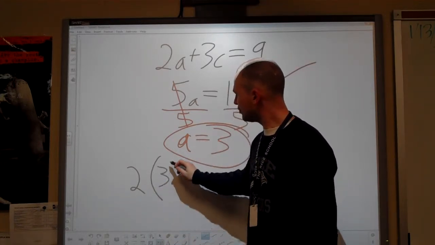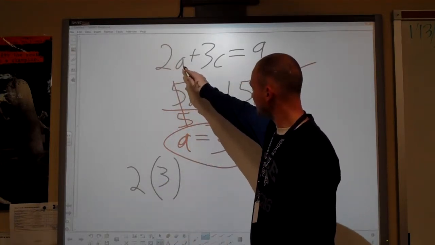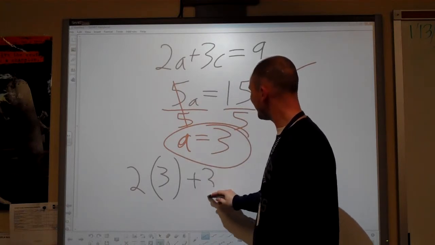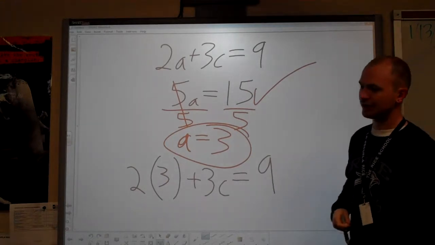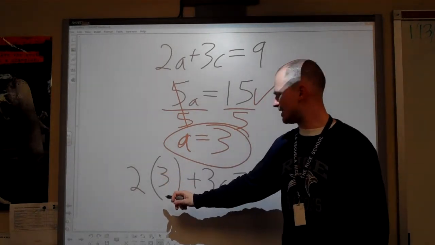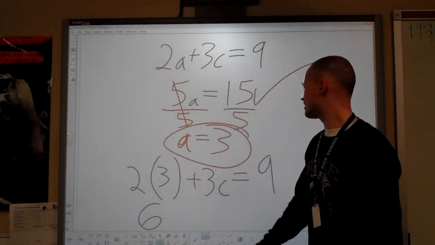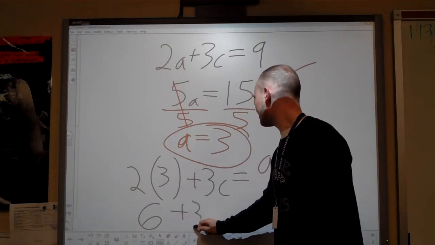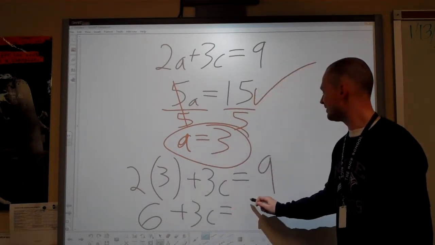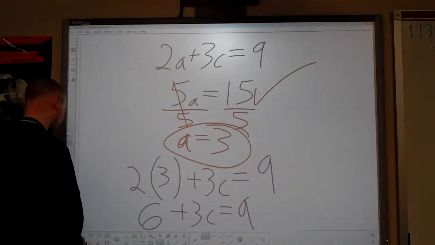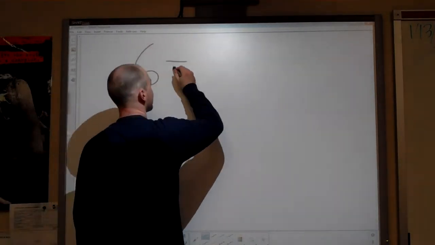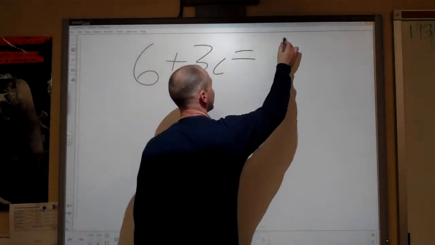So I'm going to substitute 3. 2 times 3 plus 3 times C equals 9. 2 times 3 is 6. So 6 plus 3C equals 9.